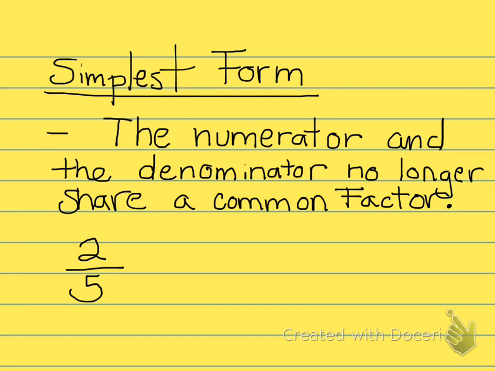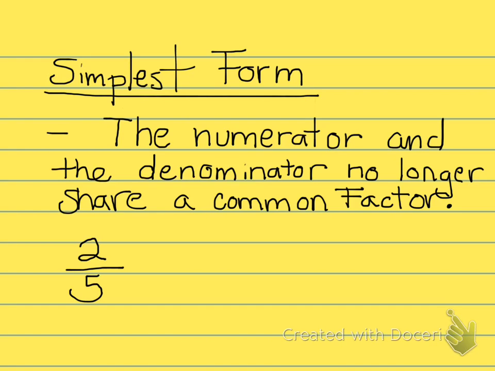Here is a fraction in its simplest form, 2/5. If I look at the numerator and the denominator, 2 and 5, I know that they no longer share factors. One reason I know, which is not always the case, is that both numbers are prime numbers, meaning they only have 1 and the number itself as factors.